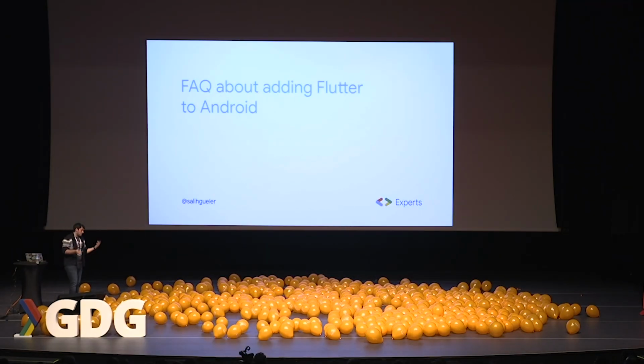So I gathered more or less the frequently asked questions about adding Flutter to an app for Android. The first one is, can I call Flutter code from Kotlin or Java code? The answer is yes. We have already seen that you can call an activity from the Java code.